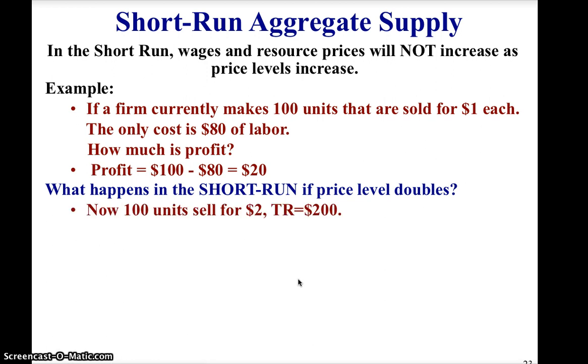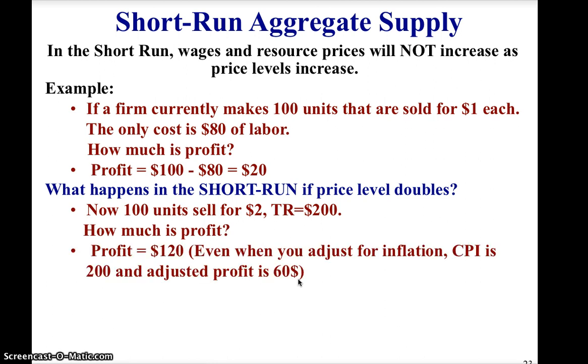Well, now they sell that same 100 units for $2 and they have a total revenue of $200. And how much profit? Well, the answer is $120 because you didn't have to increase the price of labor. Even when you adjust for inflation, the CPI is 200 and the adjusted profit is 60.